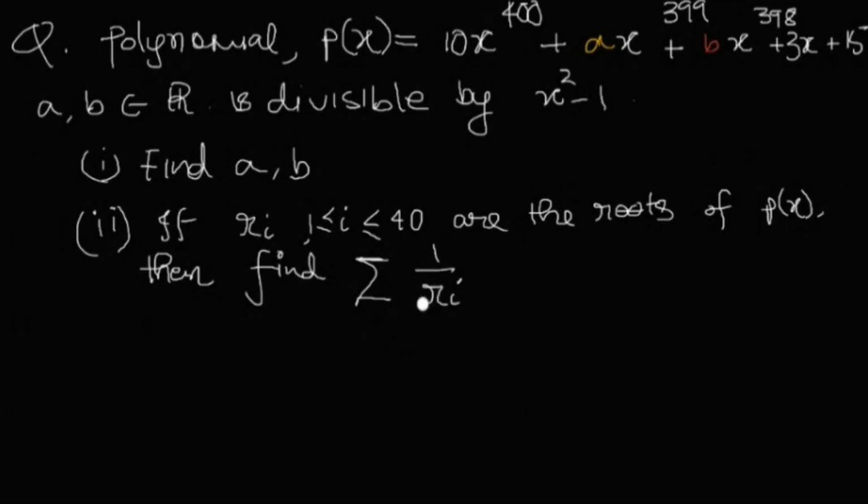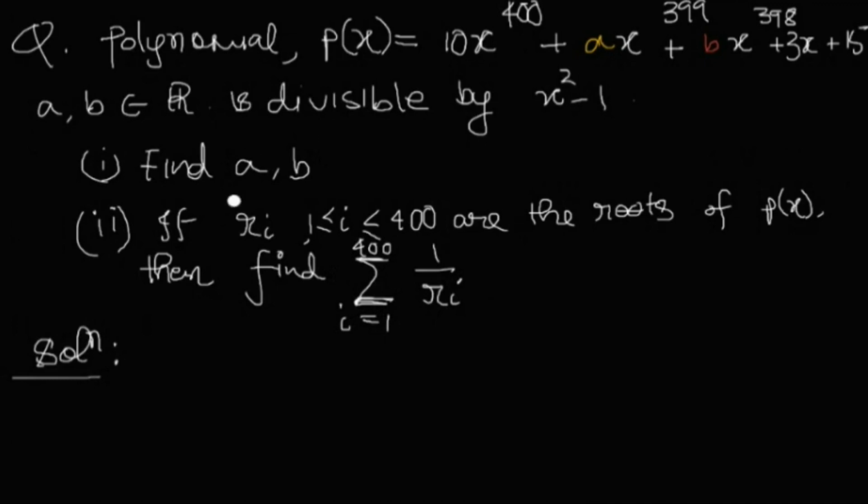So you need to find the sum of the reciprocals of the roots of this polynomial, where i goes from 1 to 400.